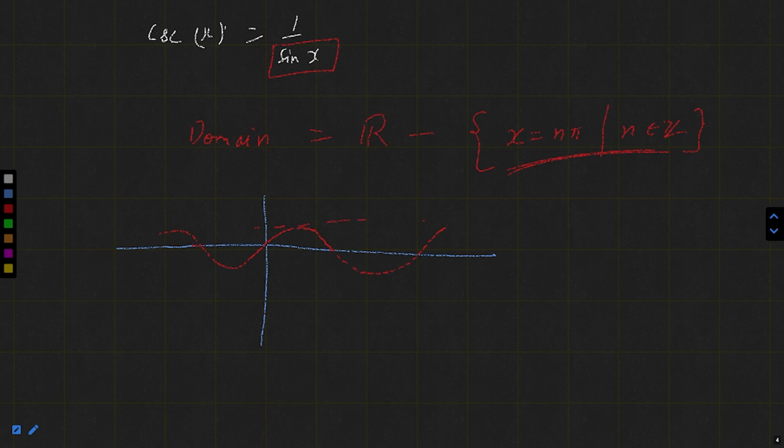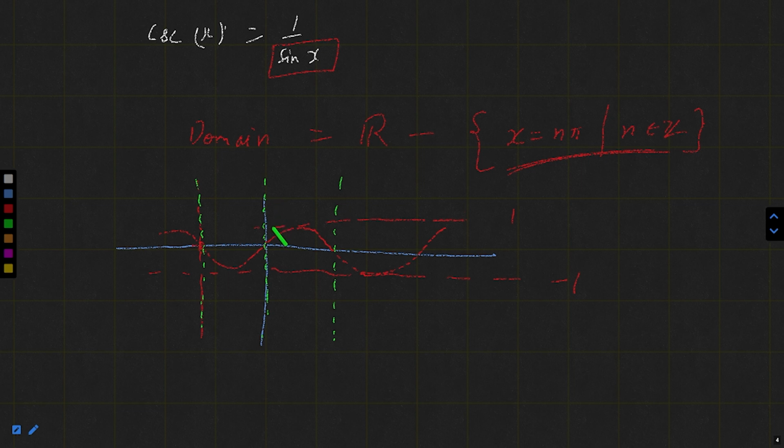We know this is 1 and this is -1, and wherever the sine is 0, we cannot take these values. Why? Because this will make the denominator 0, and if the denominator is 0, it is undefined. From this, as x is near 0, you can see cosec goes to plus infinity.